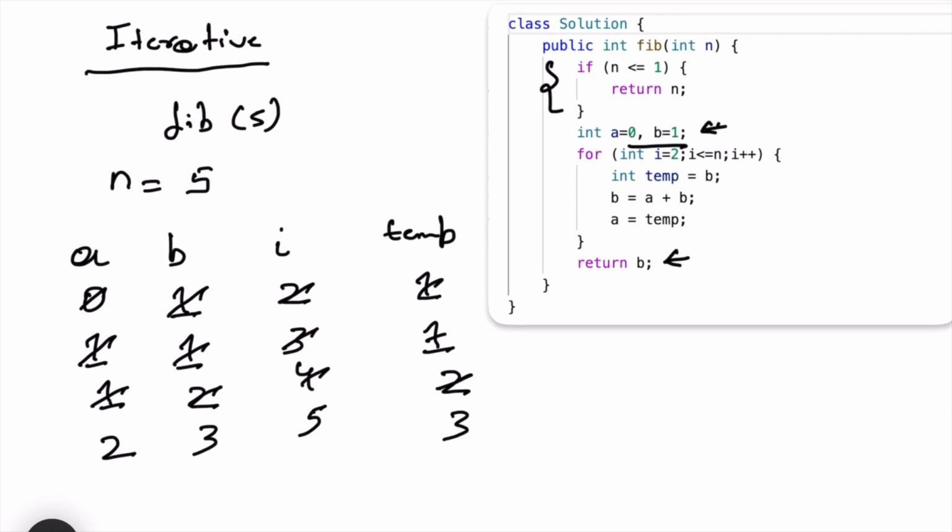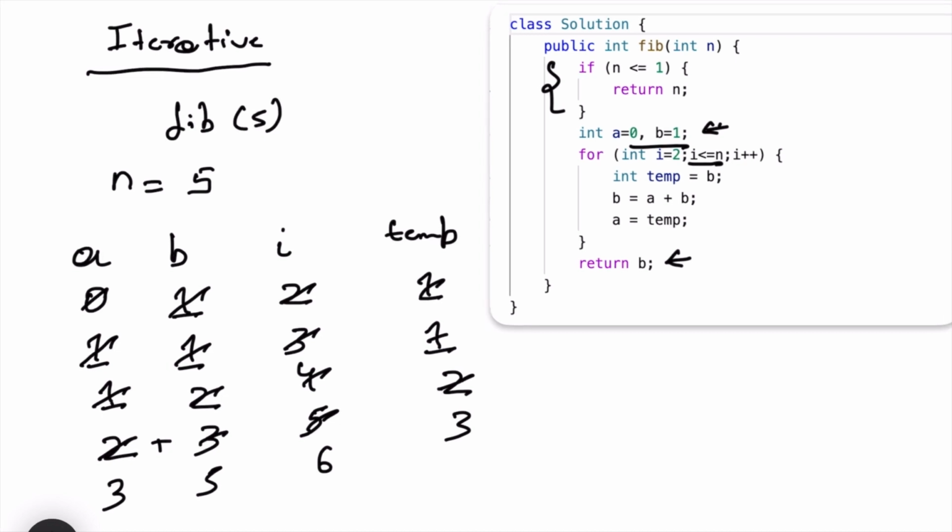And now b will be updated, 3 plus 2 is 5, so 5, and a will be updated with the temp value 3. Now again we will be incrementing i to 6. So now this condition will fail, as i is not less than or equal to n, and we have our b value which is 5. So the answer here will be 5, which is the correct answer.